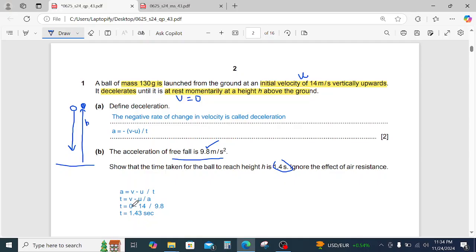Final speed is 0, initial is 14, acceleration is 9.8. 0 minus 14, you will get 14 divided by 9.8, then you will easily get 1.43 seconds. So that is approximately equal to 1.4. You have to show this, so I have found the correct answer.